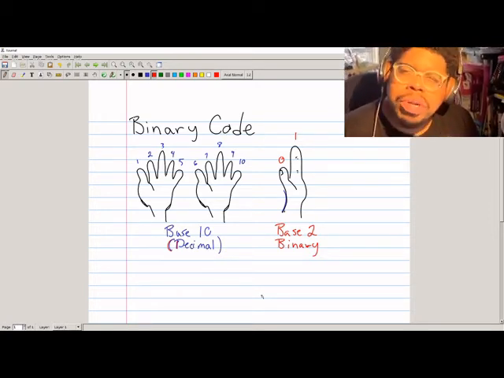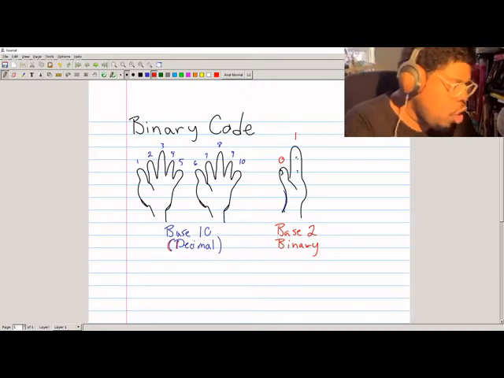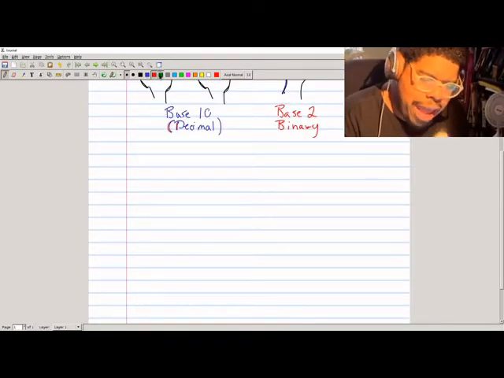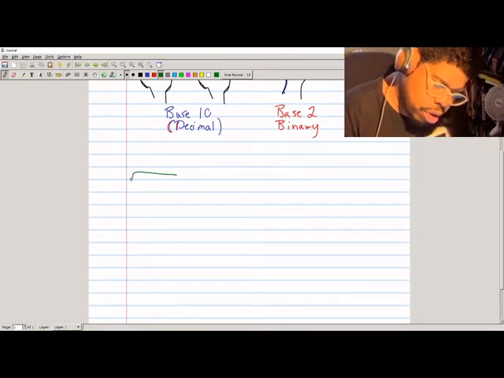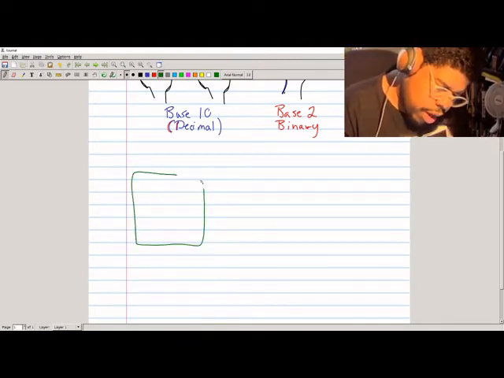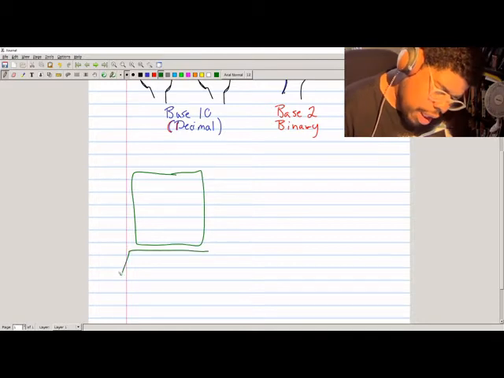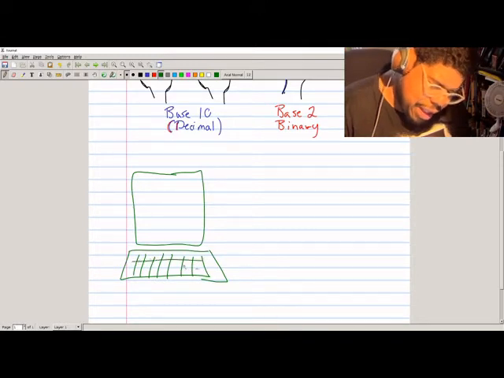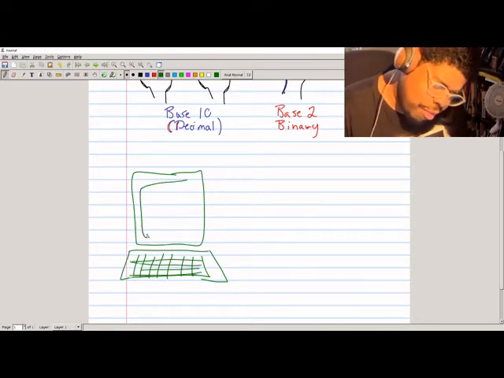So base 10 is really great for humans, okay? But computers are different. And we're used to very, very complex computers now. But I want you to imagine, right? You are a computer, and the only way you have of communicating with people and with input is a very simple way.